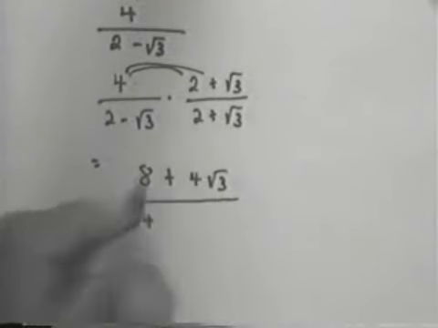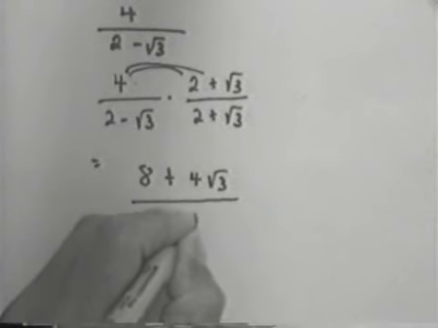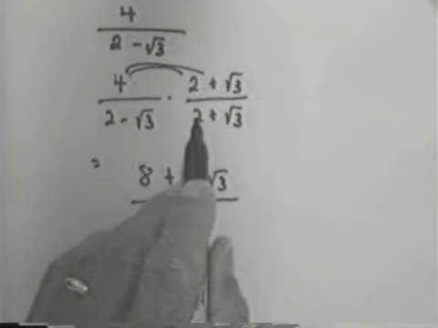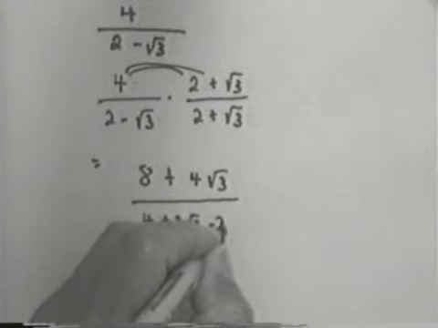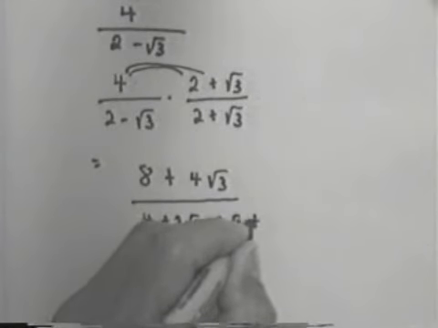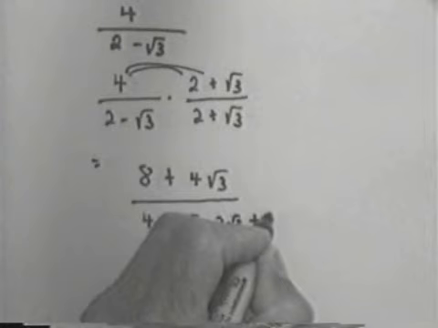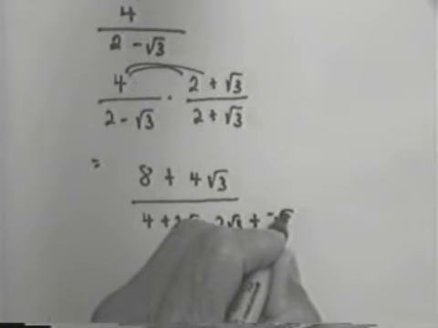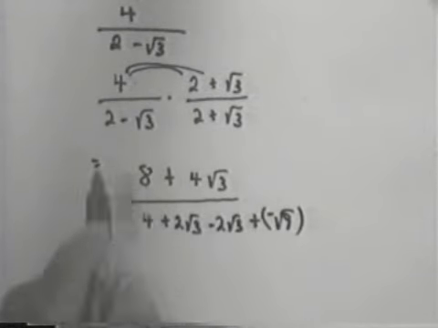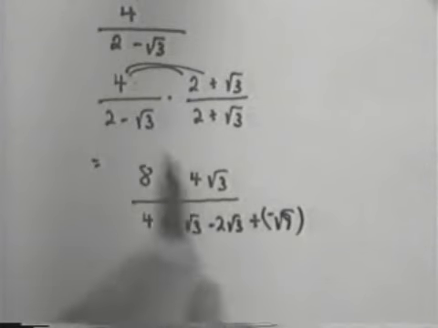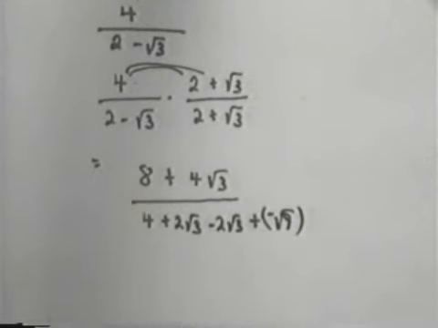Outside, 2 times the square root of 3. Inside, a negative 2 times the square root of 3. And last, a negative square root of 9. Negative times positive is negative. Square root of 3 times square root of 3 is square root of 9.